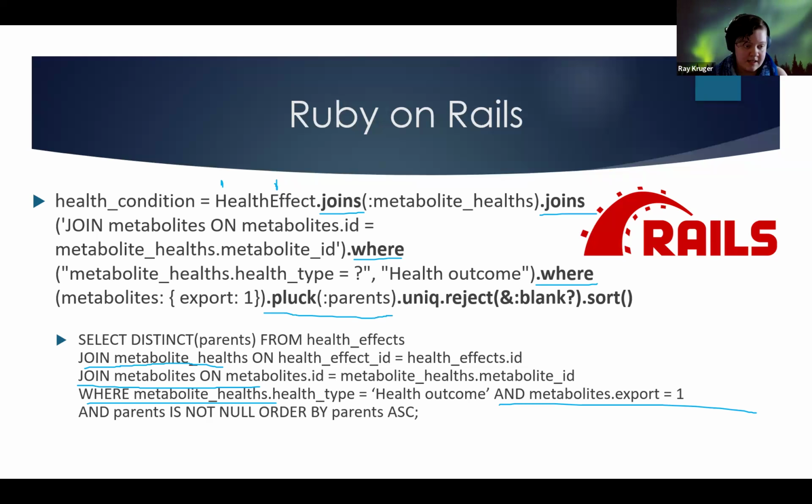Pluck or select is this up here, the select in parentheses. Select also works for that. Unique is distinct. Reject blank is going to be is not null. And sort is going to be your order by ascending, so that it gives it to you in alphabetical order instead of whatever order is in SQL.